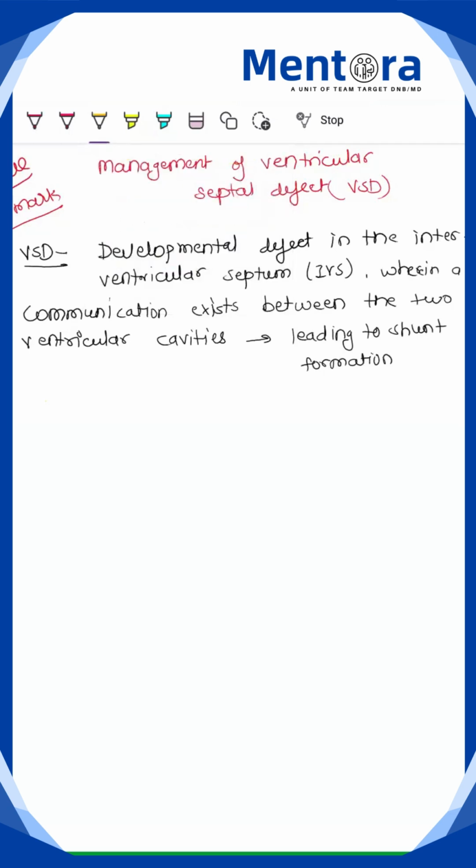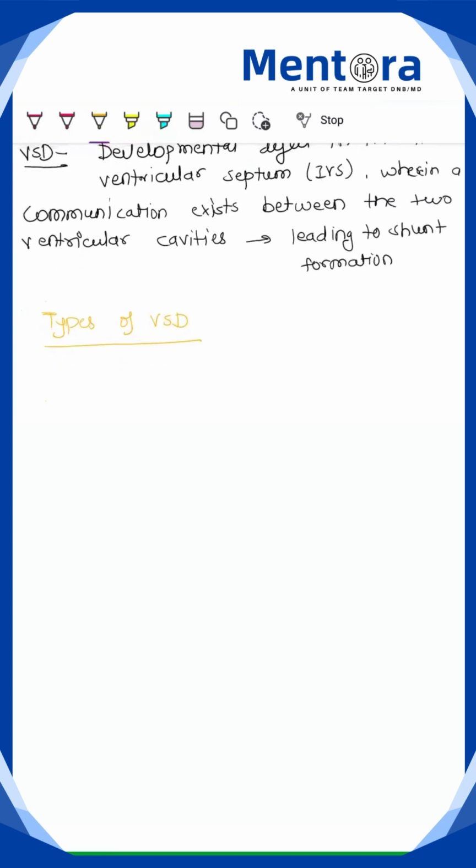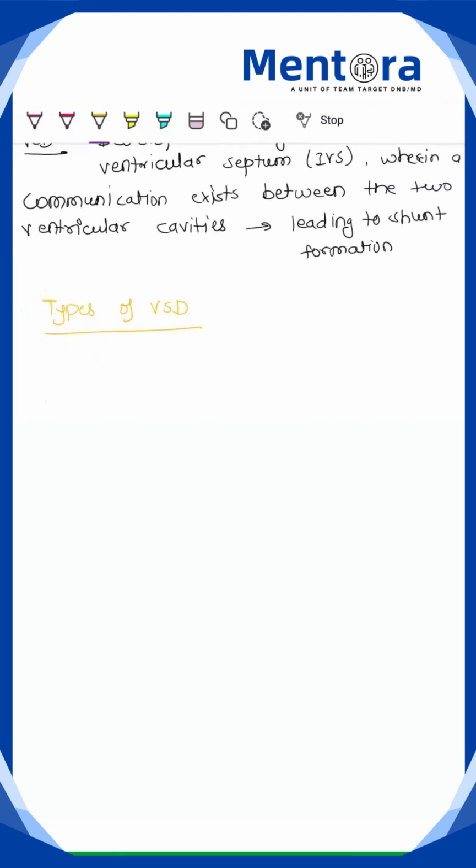So what are the types of VSD? Because management will depend upon the types of VSD, so we'll know about the types of VSD. There are various types of classification, but two types of classification are important. First, types based on their location. Based on location, there are 4 types of VSD.